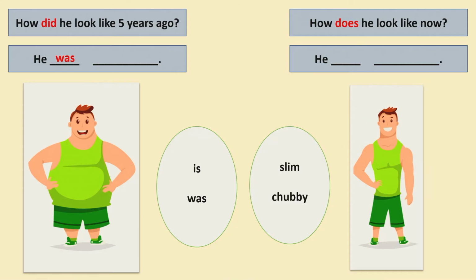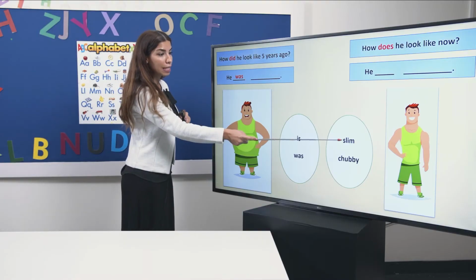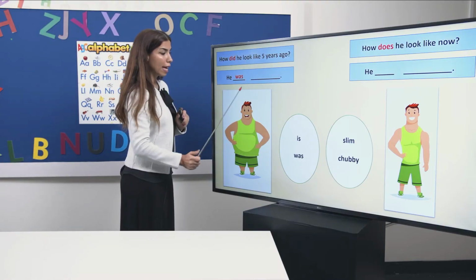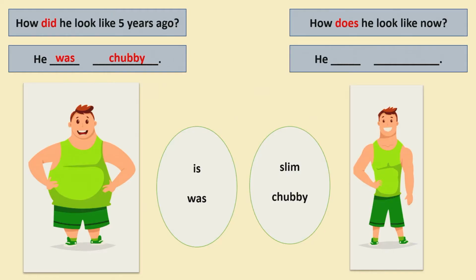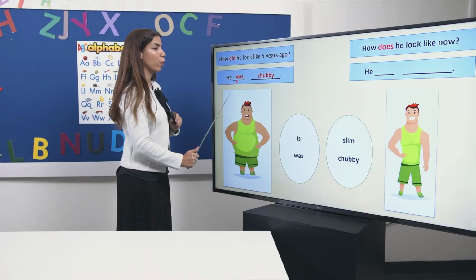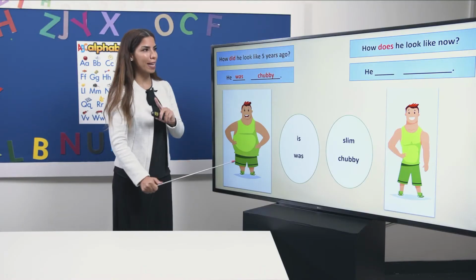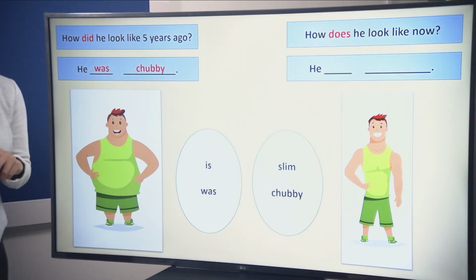Yes, he was. And then I have slim and chubby. He was slim or chubby? Of course, he was chubby. How did he look like 5 years ago? He was chubby. Great. Let us move to the second picture.